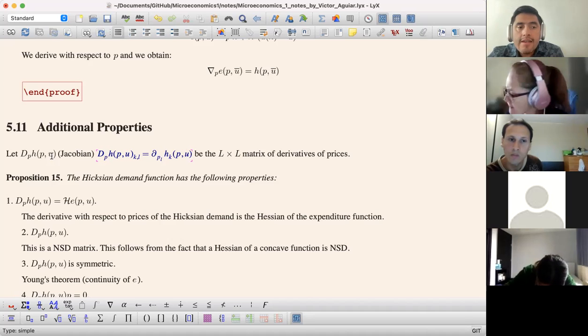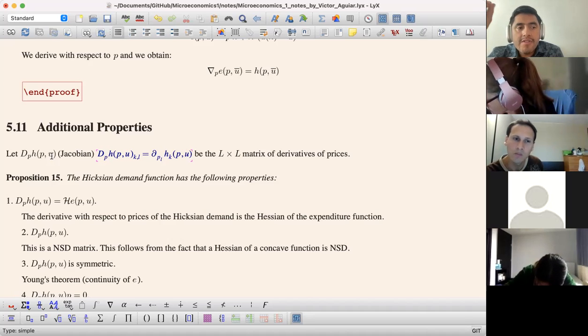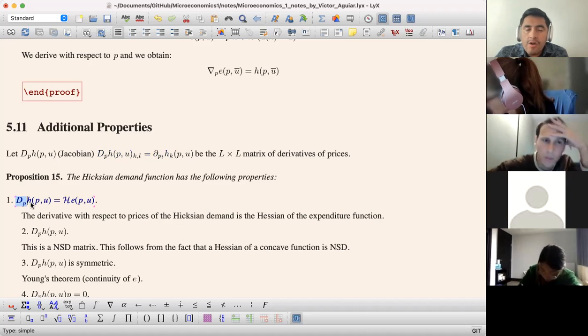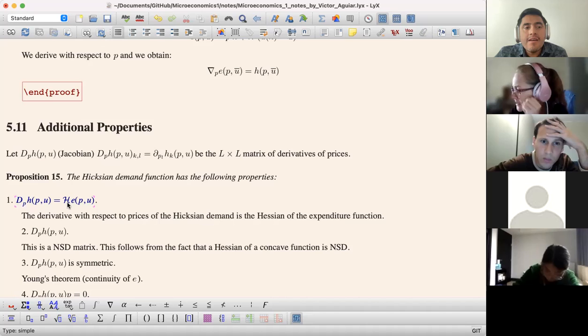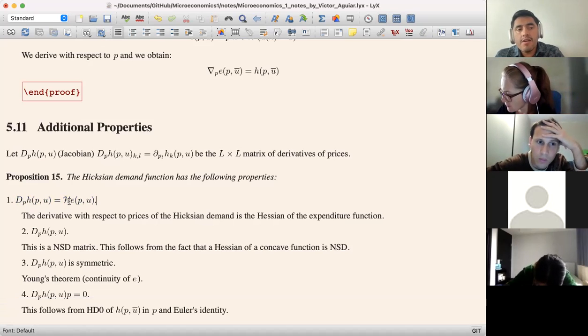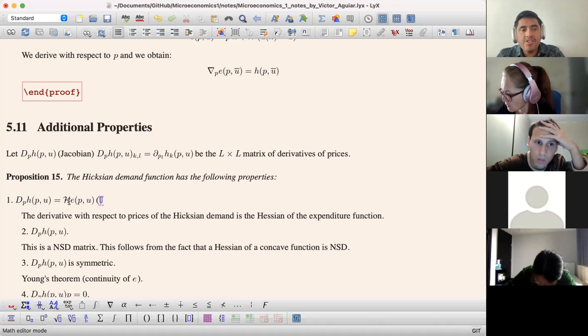Now, the Hicksian demand function has the following properties. First of all, the Jacobian of the Hicksian demand is the Hessian matrix of the expenditure function. What is a Hessian?